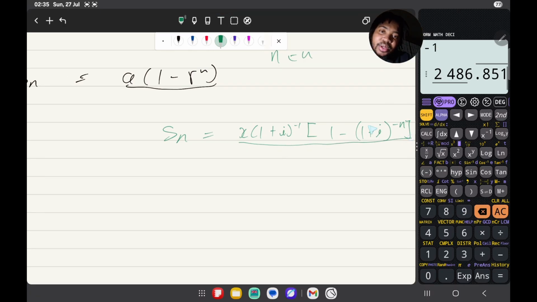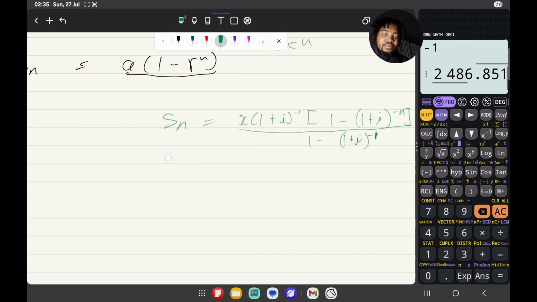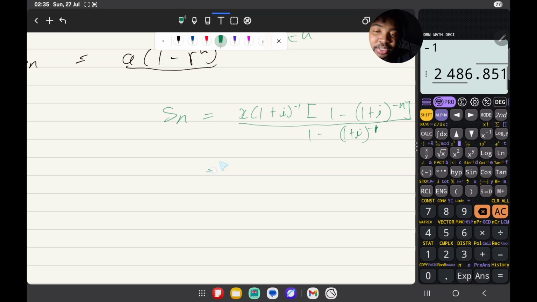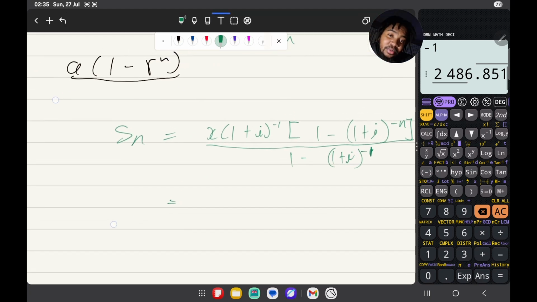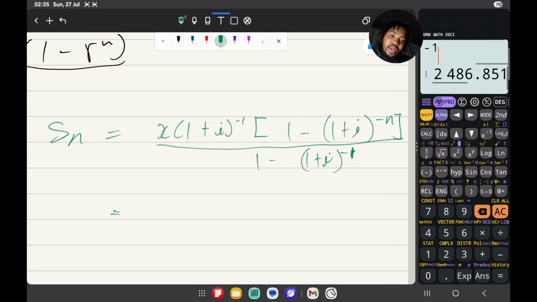And then divided by 1 - r, which is 1 - (1 + i)^-1. So now we do the working, simplifying this, and after we have simplified it, you end up with something really cool.